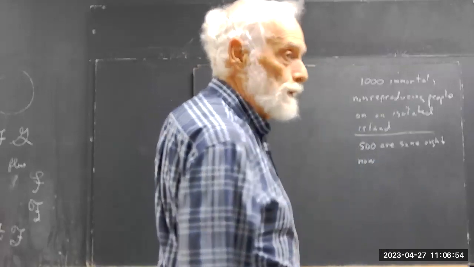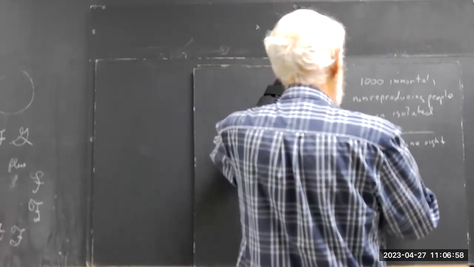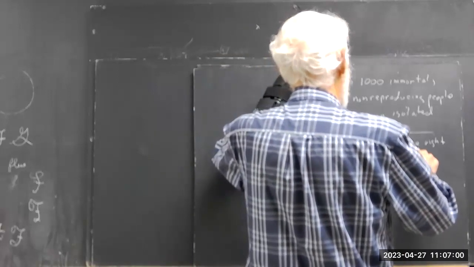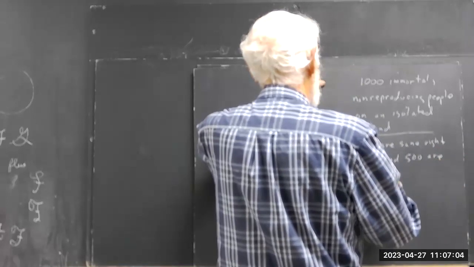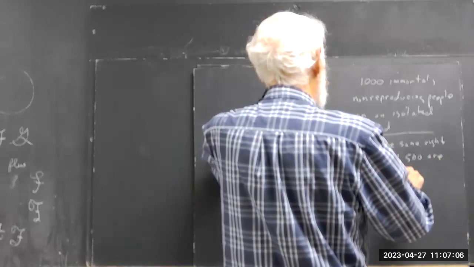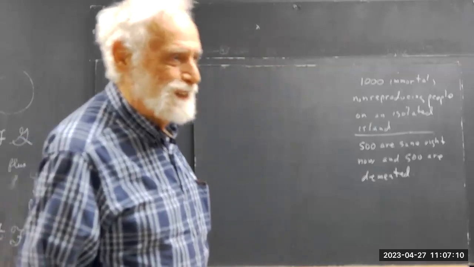Five hundred of them are sane right now. And 500 are demented. Okay.